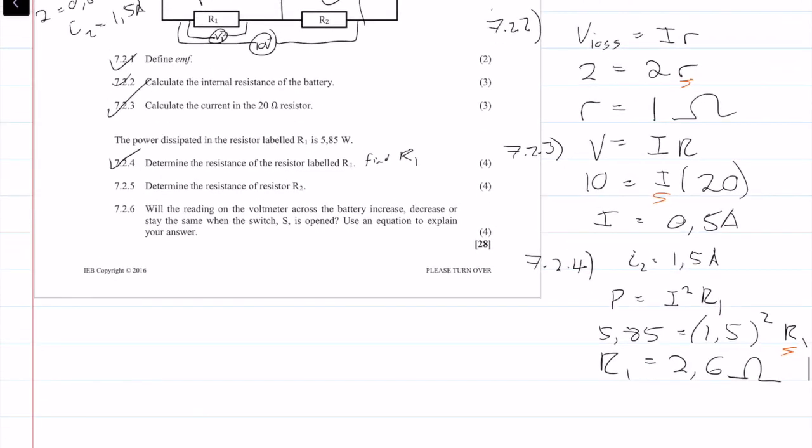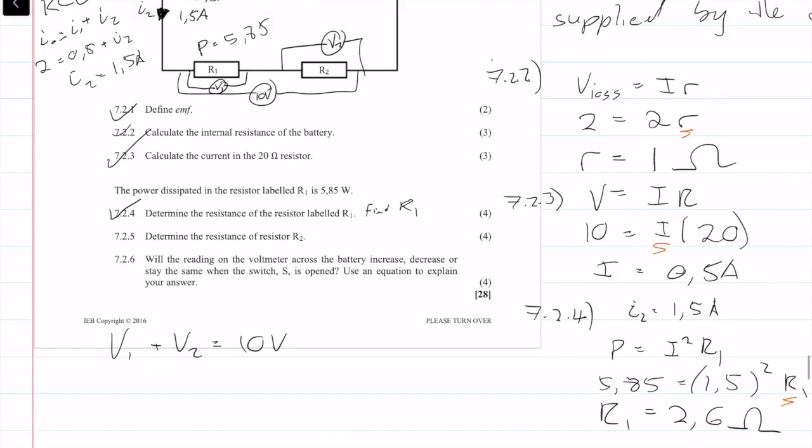We know that V1 plus V2 is equal to 10 volts. So if we figure out V1, we can figure out V2, and then we can work with V2. So that's the plan of action. So to calculate V1 equals I2 R1, plus V2 equals 10 volts.